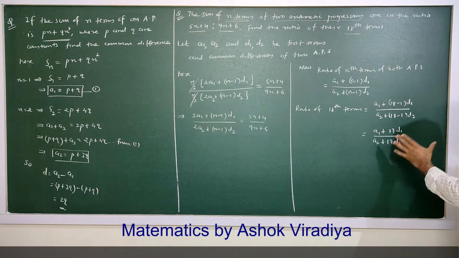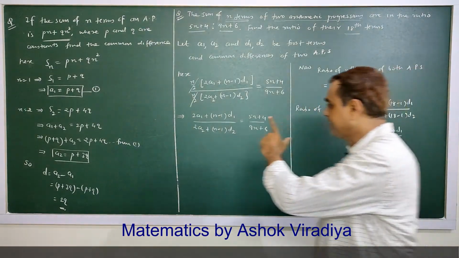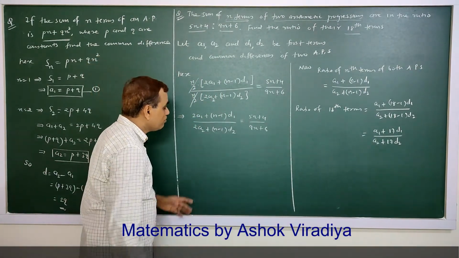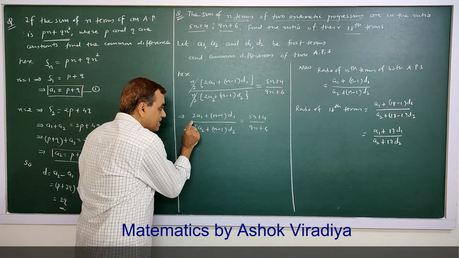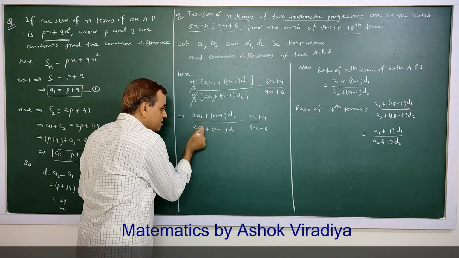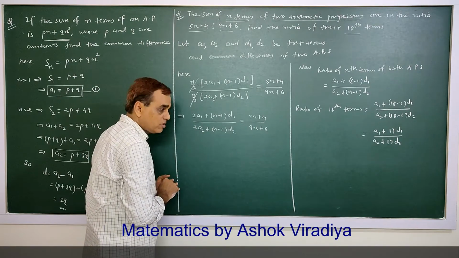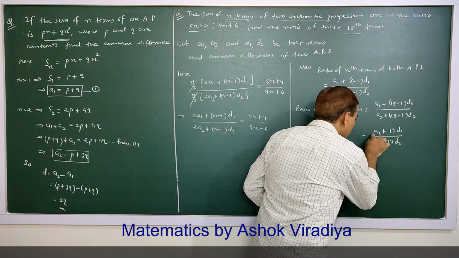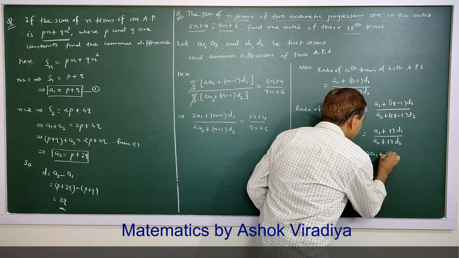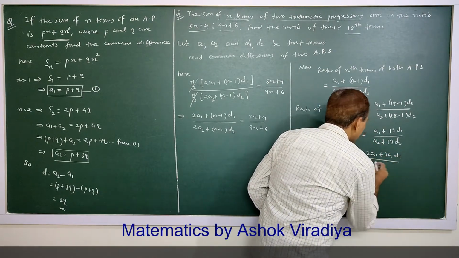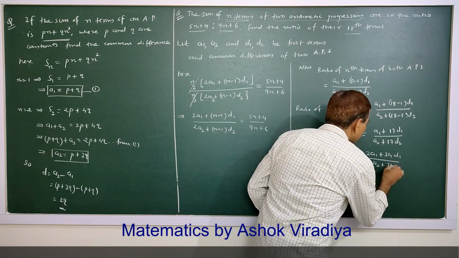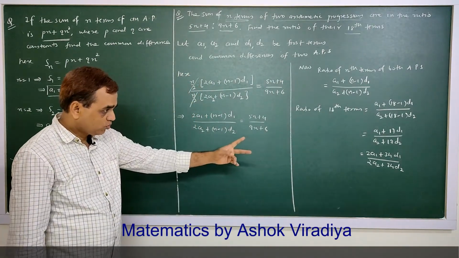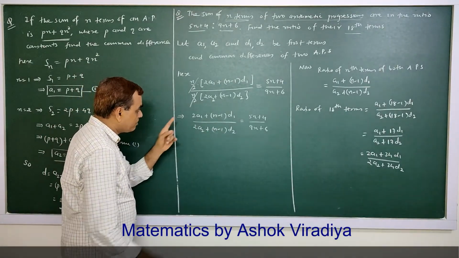So now this value we can find from this expression. Because this expression has pattern 2 times A1, here 2 times A2, I multiply here by 2 in numerator and denominator. So 2 times A1 plus 34 D1, 2 times A2 plus 34 D2. This is multiplied and divided by 2. Now this value can be obtained from this equation.